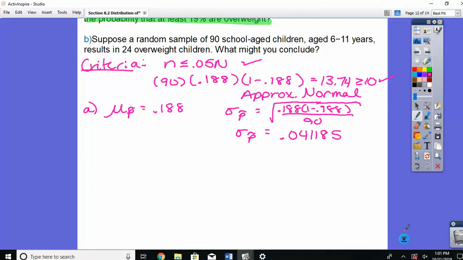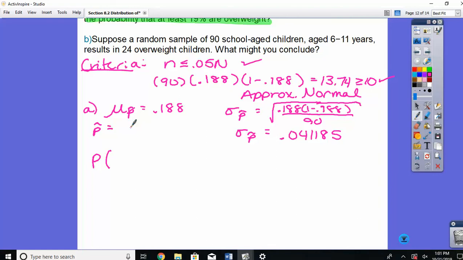Okay, we are finding the probability that at least 90. Okay. So what would our p hat, our point estimate, be if it was equal to 90? How am I going to find my p hat?